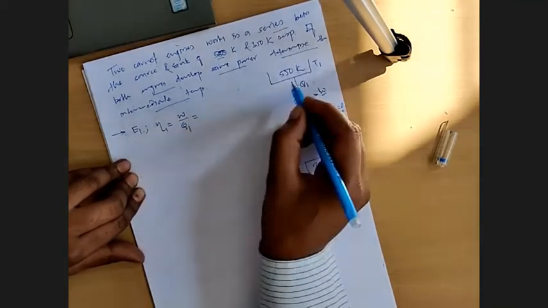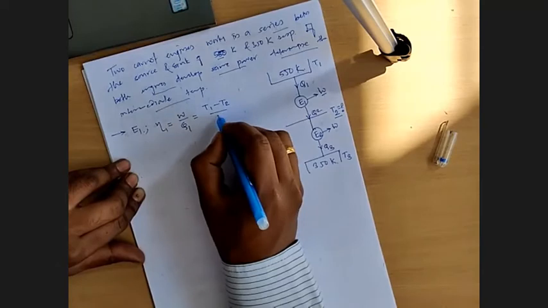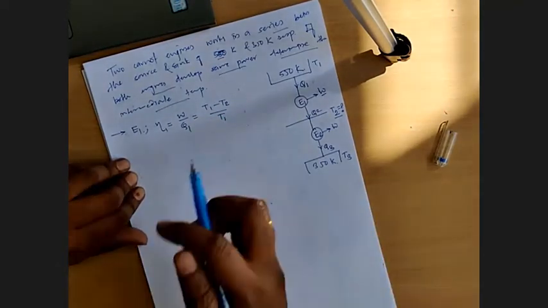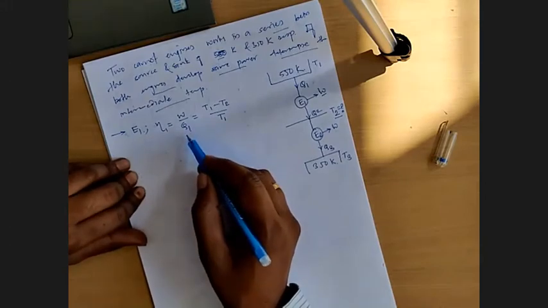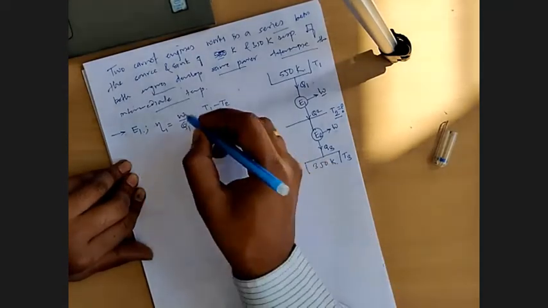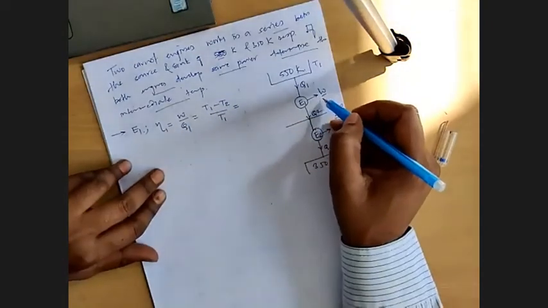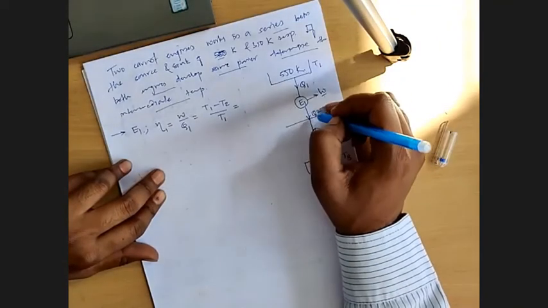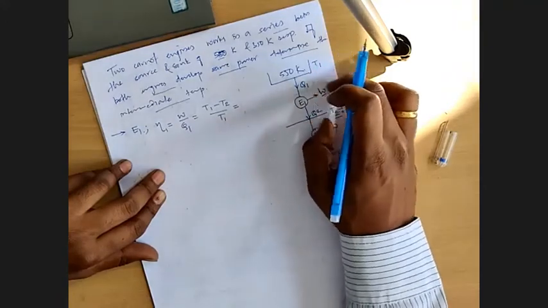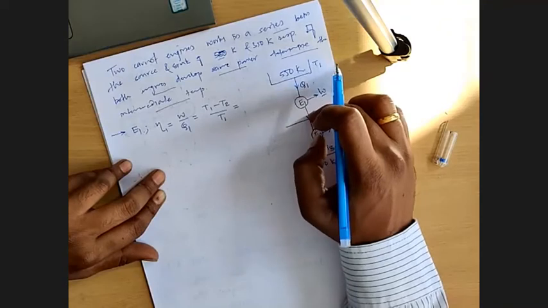Same in terms of temperature, T1 minus T2 by T1, right? That we know. This is the relation in terms of work produced and heat transfer, and this is in terms of temperature. For engine 1, Q1 is input and W and Q2 are output, or those two are going out of the system and Q1 is entering the system.